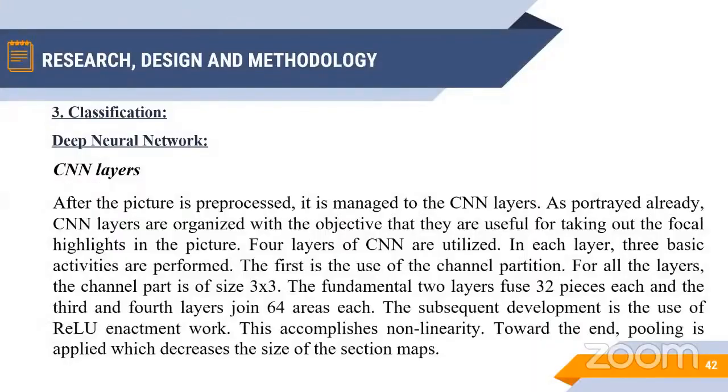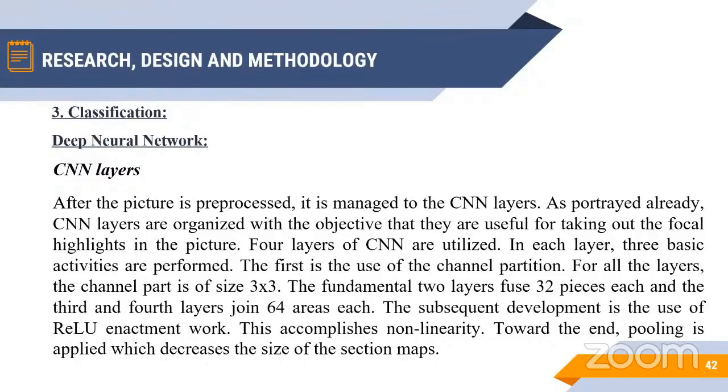In the deep neural network, all these layers are recognized with the objective that they are useful for taking out the focal highlights in the feature. So four layers were utilized, and in each layer three basic activities are performed.